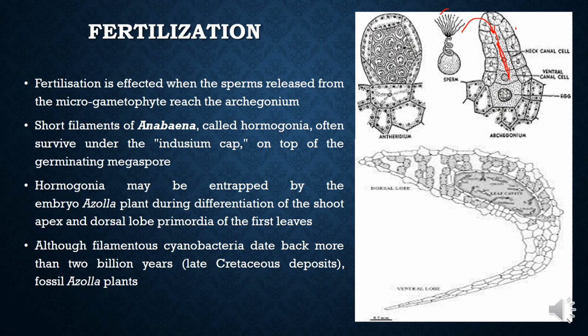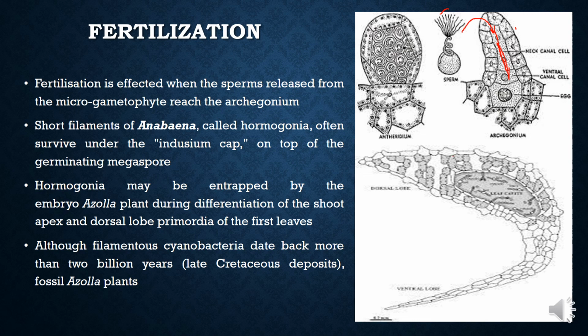Now, during the formation of the archegonium as well as the antheridium inside the spore, a large amount of Anabaena azollae hormogonia has been introduced. So during the formation of the zygote and the embryo development, this Anabaena azollae also gets incorporated inside the developing embryo.